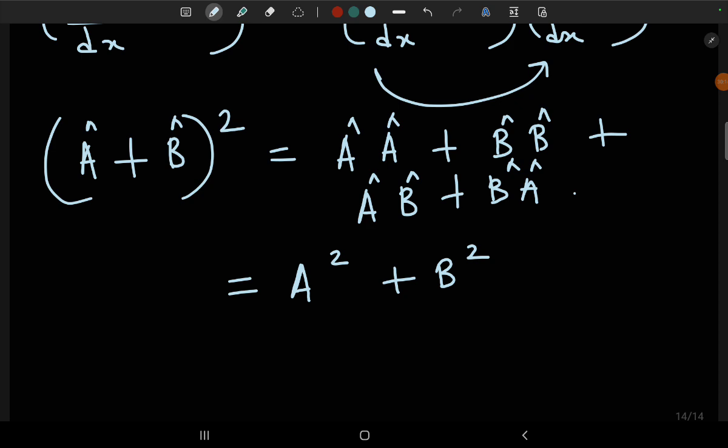Okay, but what of this part is that AB and BA are not always commutative. Remember from the first video that I told you about the commutative. So AB and BA were not always found to be equal, right? So AB and BA have to be left as they are, as we cannot make the assumption that AB and BA are indeed commuting with each other.